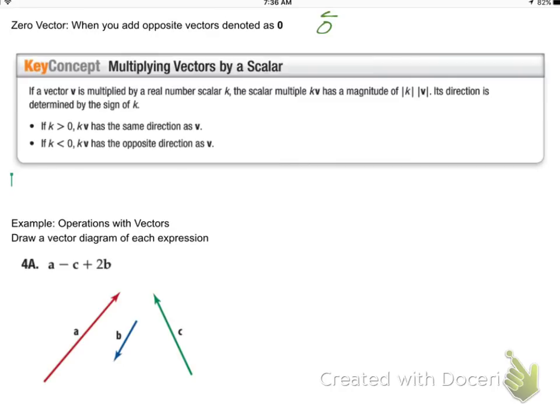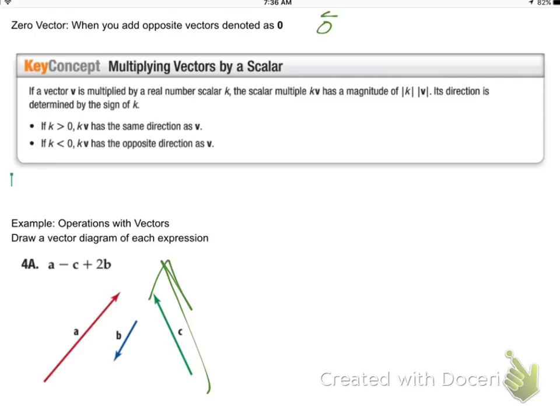And so we'll talk about how to do 4a there, but I would just use the tip to tail, or tail to tip method 3 times, right? But here's the thing, a minus c, that's not too bad. I could subtract those, which means, wait a minute, if it's minus c, is c still going to go in that direction?